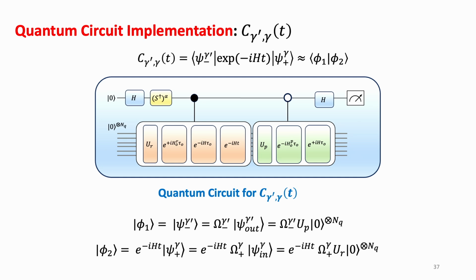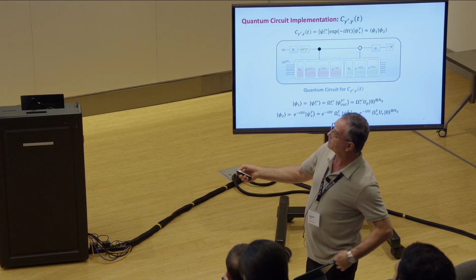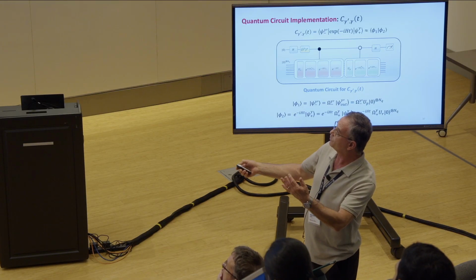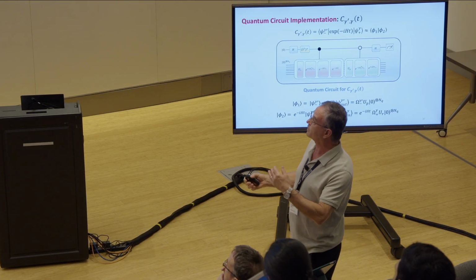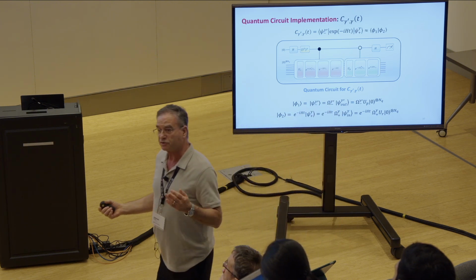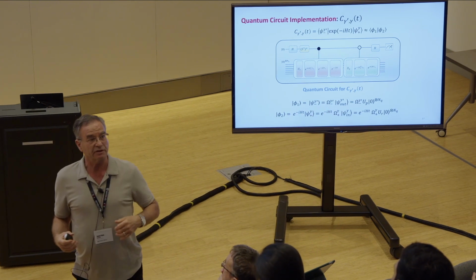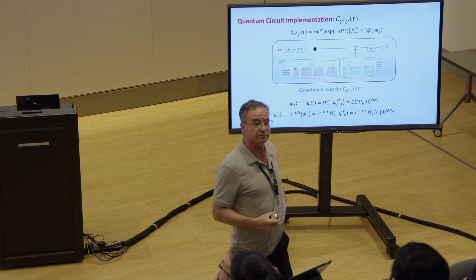So phi1 is the Møller operator for the product, and this is the Møller operator for the reactant. Now you have to break down all this propagation in time to get U1, and this is the propagation in time for U2, which allows you to go forward, backward, and calculate the correlation function.